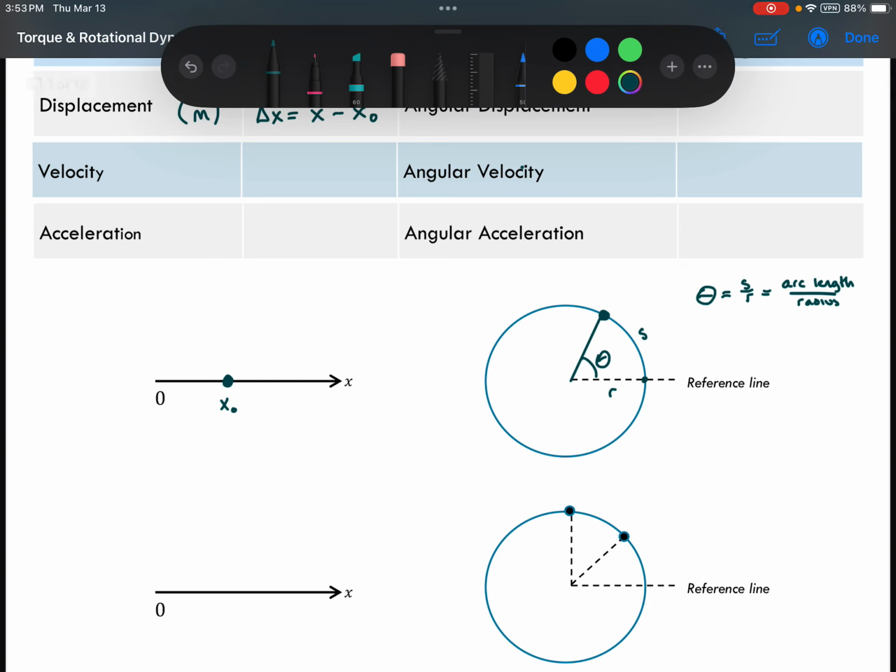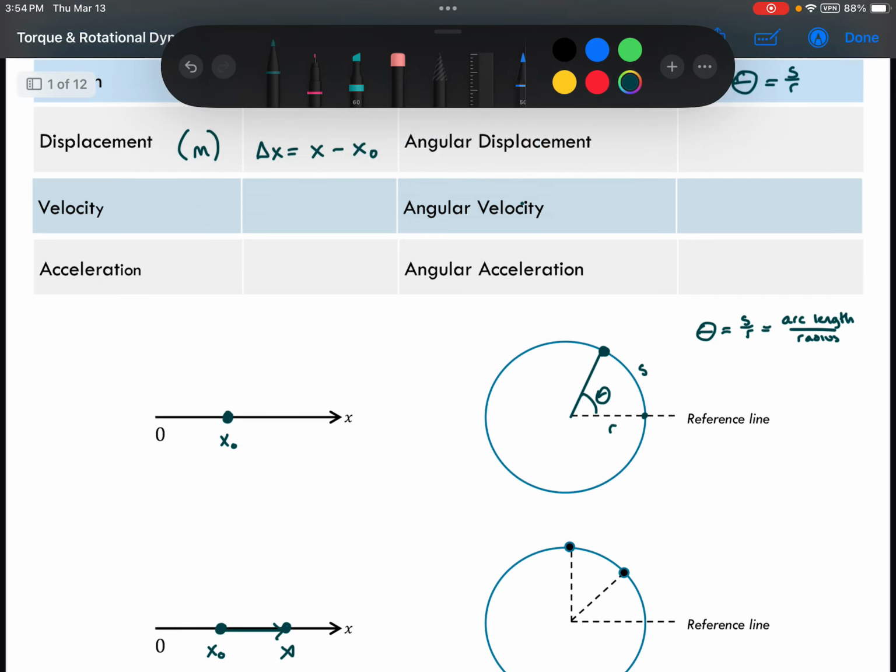If we use our number line down here, we have 2 points now that we measure the displacement between, and the displacement always points from the initial position to the final position. Displacement is a vector. So it points toward the final position, and it is the separation distance between x and x naught.